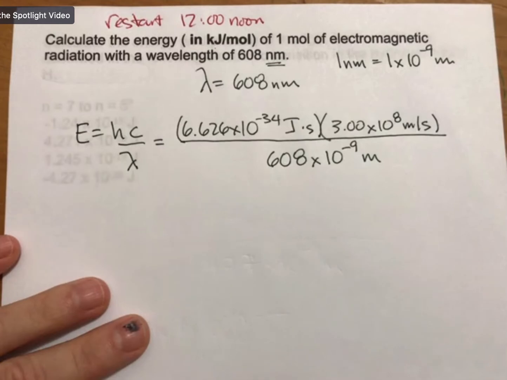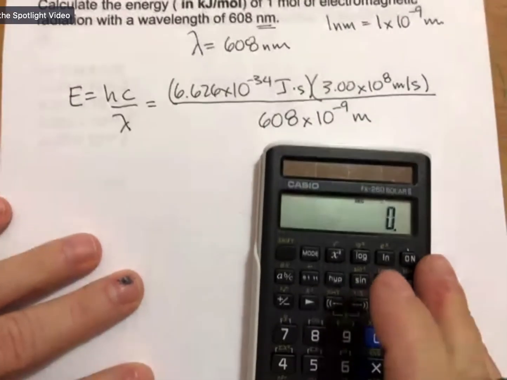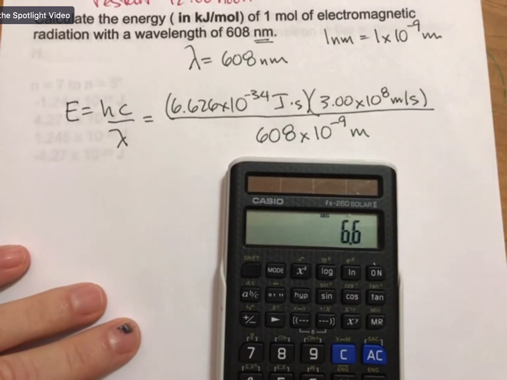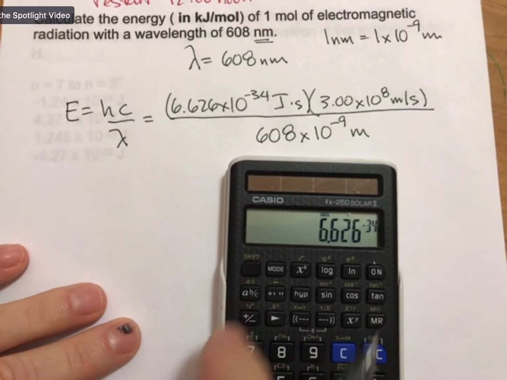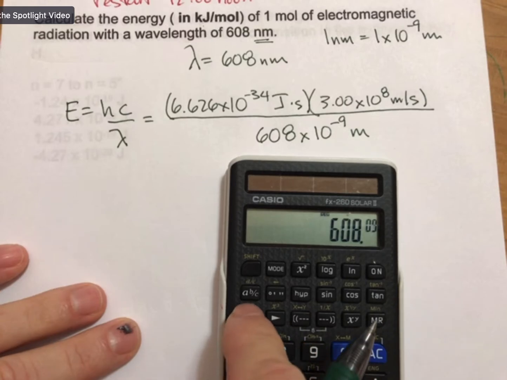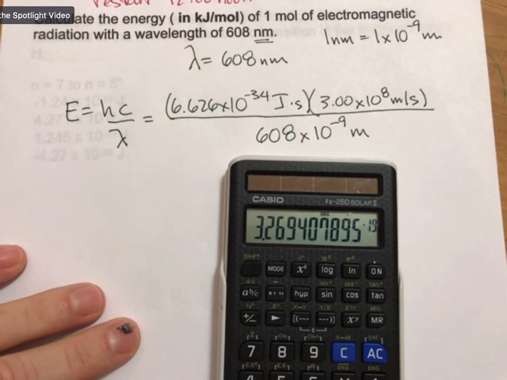And therefore, instead of nanometers, I will write times 10 to the minus 9th meters. And then we can multiply this out to at least get the energy. 6.626 times 10 to the minus 34 times 3 times 10 to the 8 divided by 608 times 10 to the minus 9.